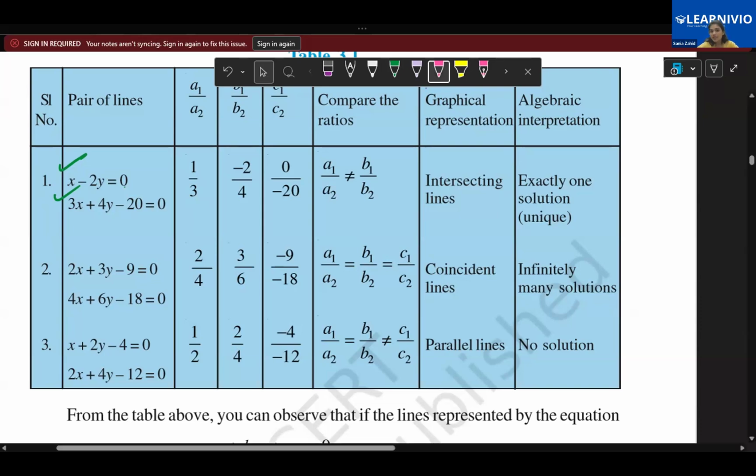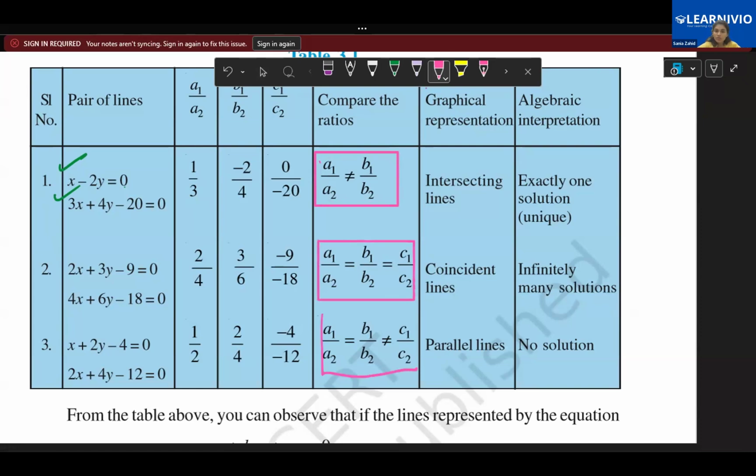Either A1 upon A2 is not equal to B1 upon B2, or A1 upon A2 is equal to B1 upon B2 is equal to C1 upon C2, or the first two are equal, then the third one is not equal. You can have either of these relations, children.